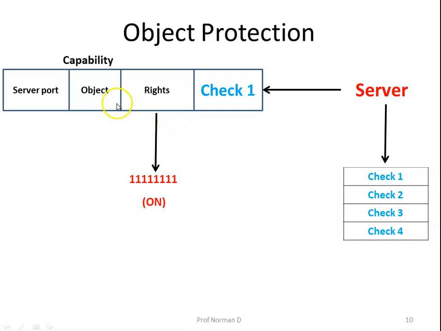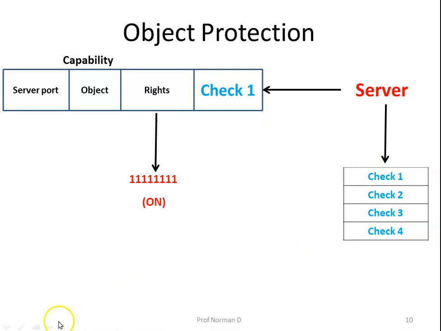Now, all the rights bits in a new capability are initially set to on, and it is this owner capability that is returned to the client. Now, when the capability is sent back to the server in a request to perform an operation, this check field is verified.